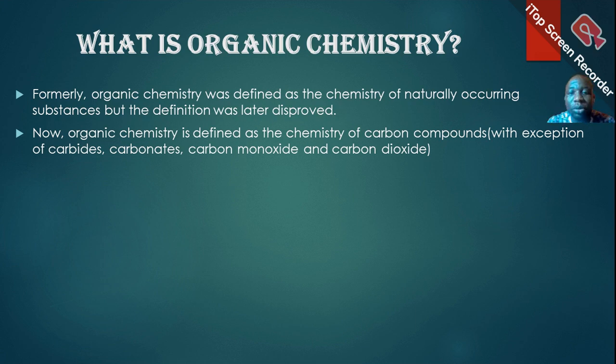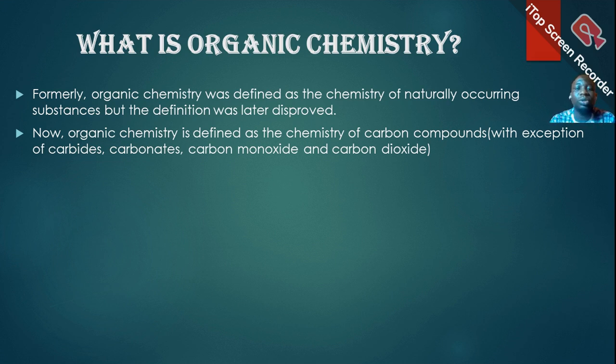The carbon monoxides and the carbon dioxides, which are the two oxides of carbon, they are non-organic compounds. So the oxides of carbon, the carbides, the carbonates, they are not organic compounds. So any compound that contains carbon, with the exceptions of the compounds listed, is an organic compound.